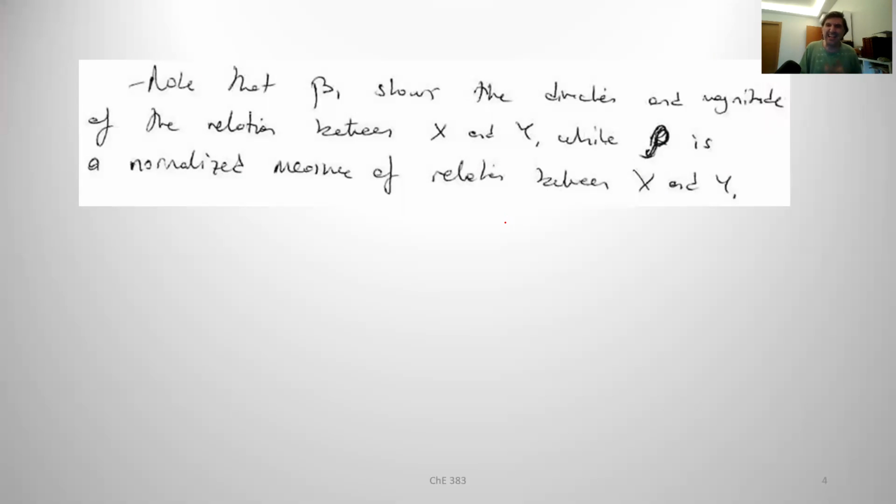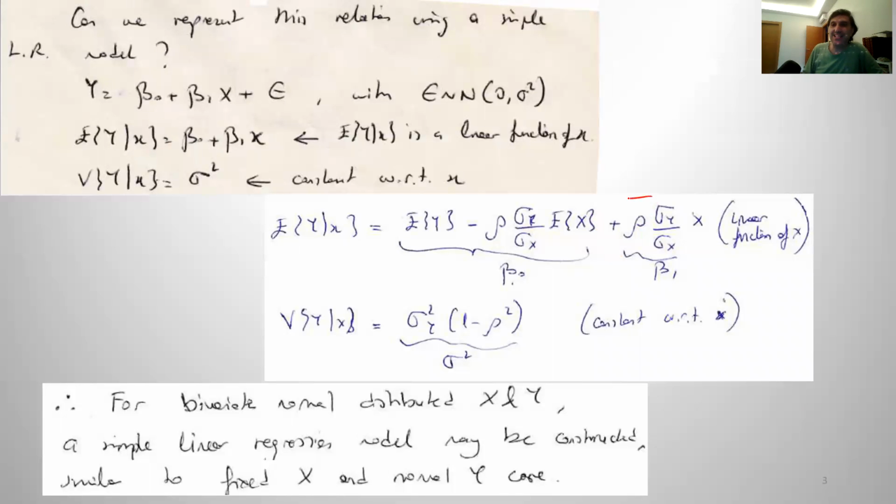Now let's talk about the meaning of beta 1 and also the correlation coefficient a little bit. For that, I'm going to go back here. So now this part is important. Beta 1 versus correlation. Well, there is, of course, a relation. We multiply by the standard deviation of y over the standard deviation of x, and we obtain the other one. That's great. But what do they mean, really?